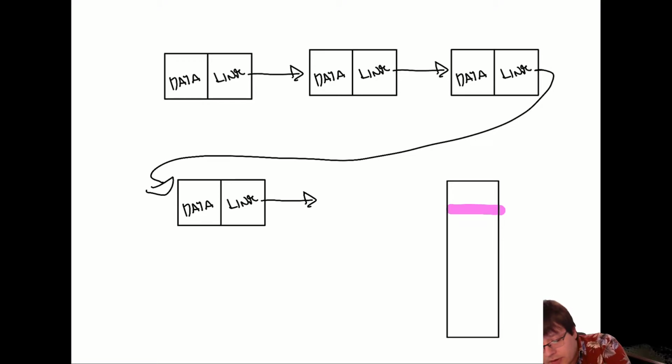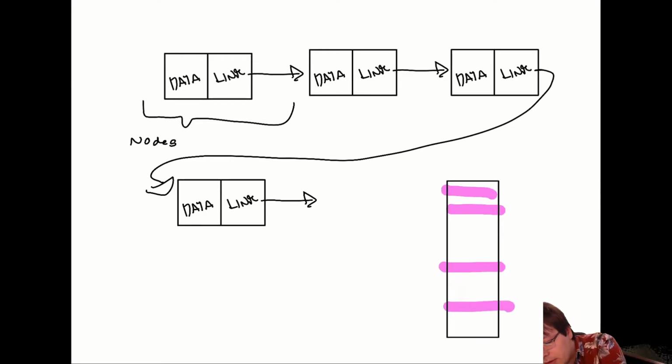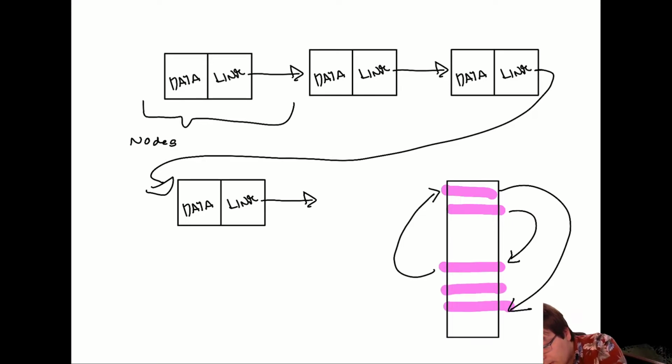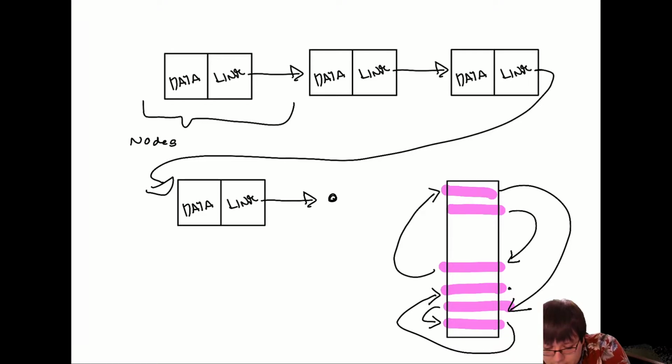So each of these are called nodes. So I could have one node there, another one here, another one here, another one here. And the way that I have them linked is maybe this one goes here, then this one goes here, and then that one goes there. And maybe from there we go there, and then from there maybe we go there, and that's the end of the link.